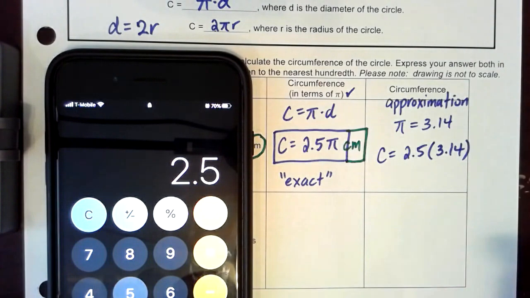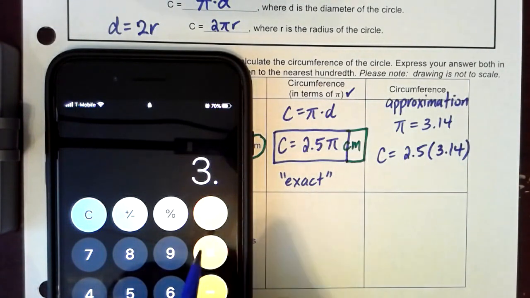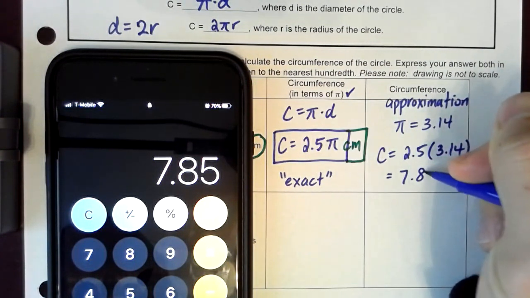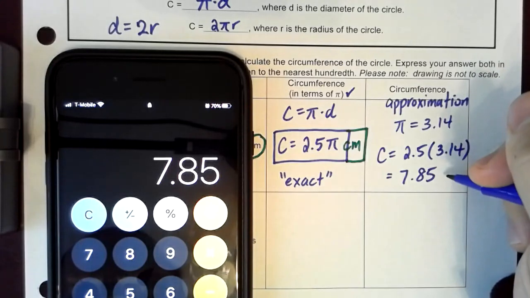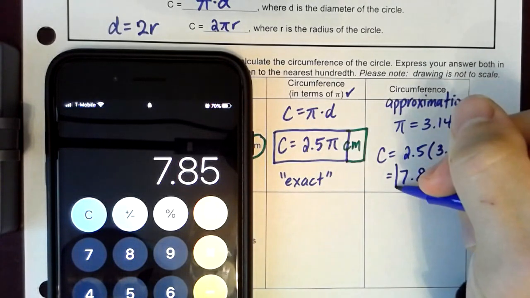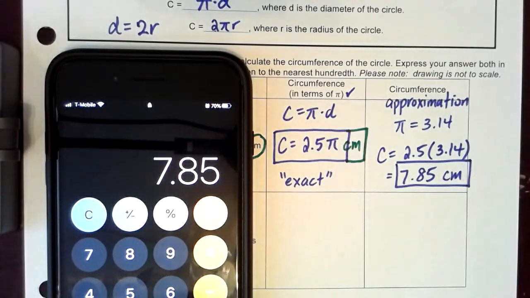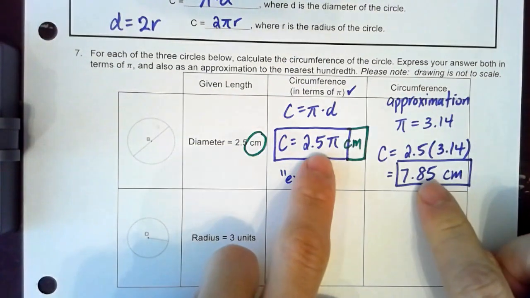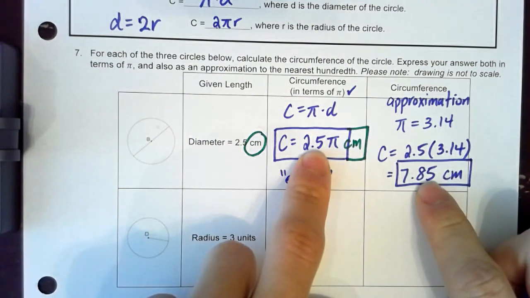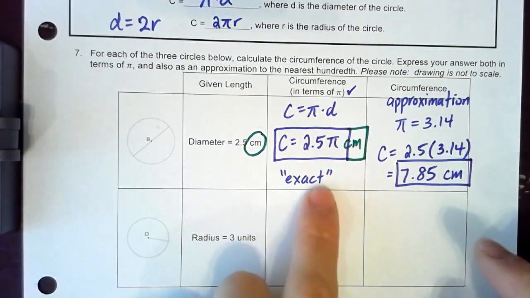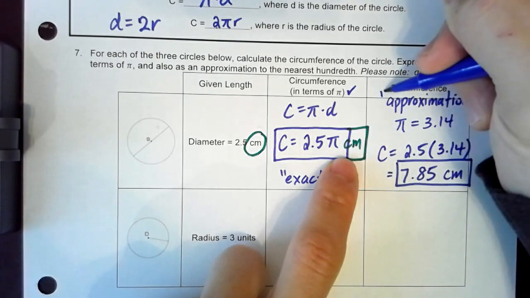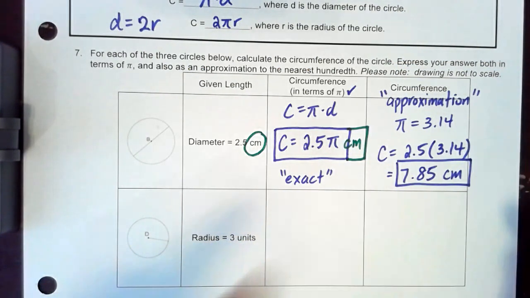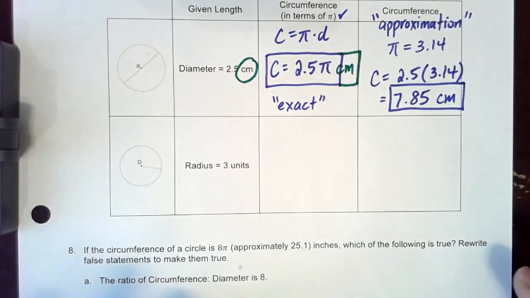So 2.5 times 3.14 is going to equal 7.85. And again, let's not forget to label. Okay, these two values are actually very close. It's just the exact form is in pi form, and the approximation is using 3.14 as your pi value.